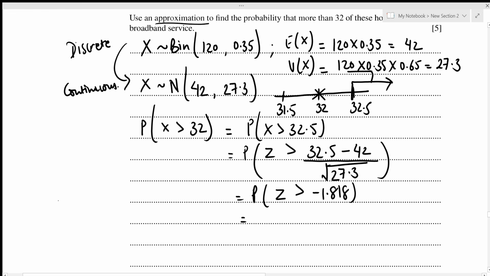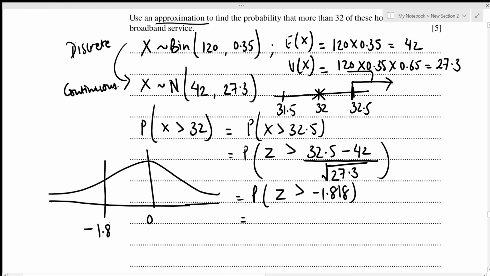Alright, let's draw the probability distribution. So this is the mean, and we're looking at the probability greater than negative, so that's going to be on the left hand side, somewhere around here, that's negative 1.818, and we're requiring the probability greater than this value.